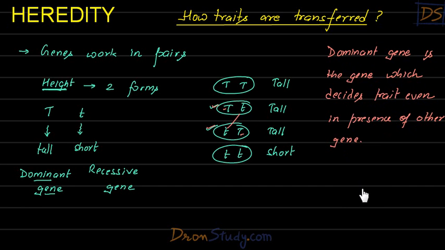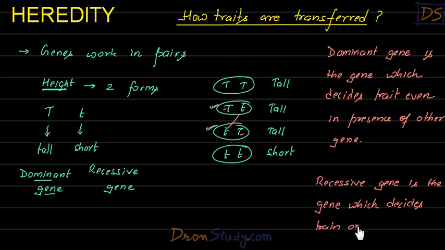Right, students? Now, how can we define recessive gene? So recessive gene is the type of gene which decides the trait only in the presence of an identical gene.